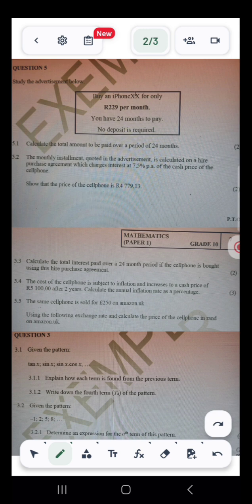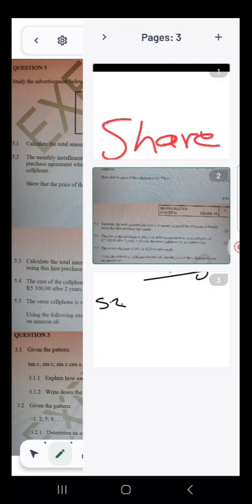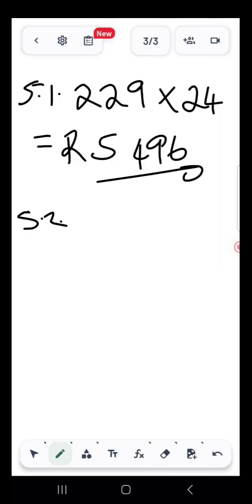By calculating a hire purchase agreement, meaning a simple interest formula, which charges interest at 7.5% per annum of the cash price of the cell phone. For money, I have an acronym. I call it PAY. P for principal, A for amount, I for interest rate, and then N for the number of payments.